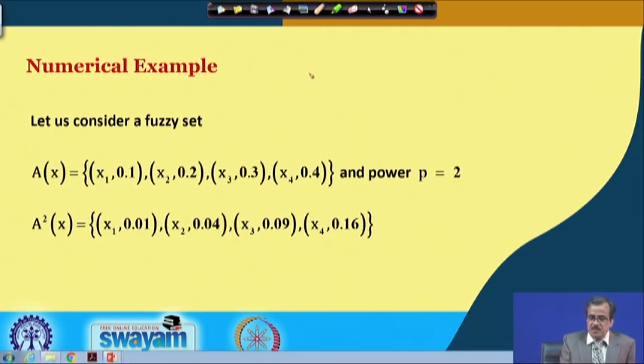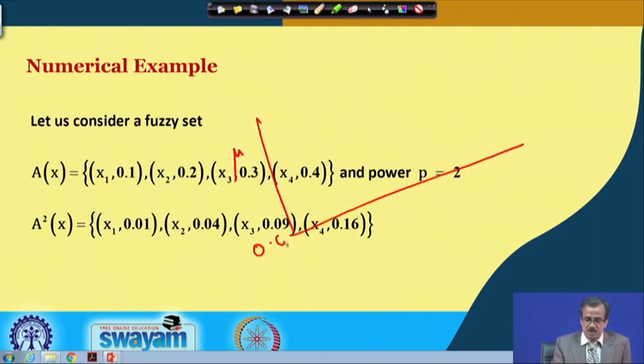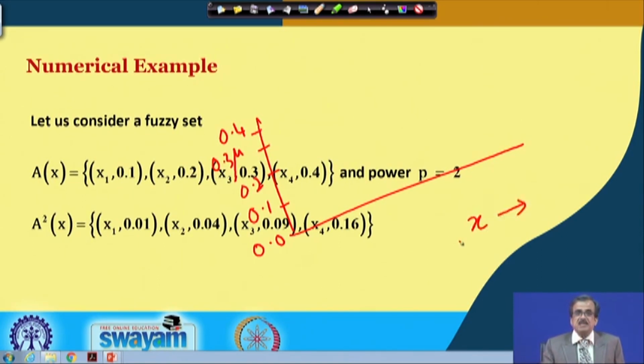Now, once again let me draw a fuzzy set. Let this be your mu, with values 0.0, 0.1, 0.2, 0.3 and 0.4, and along this we have got x, with x1, x2, x3 and x4.